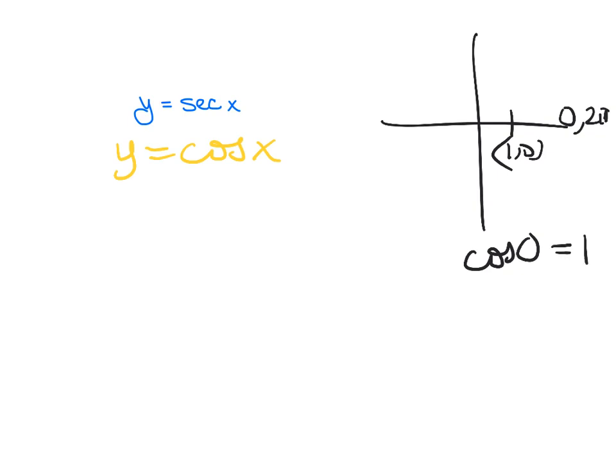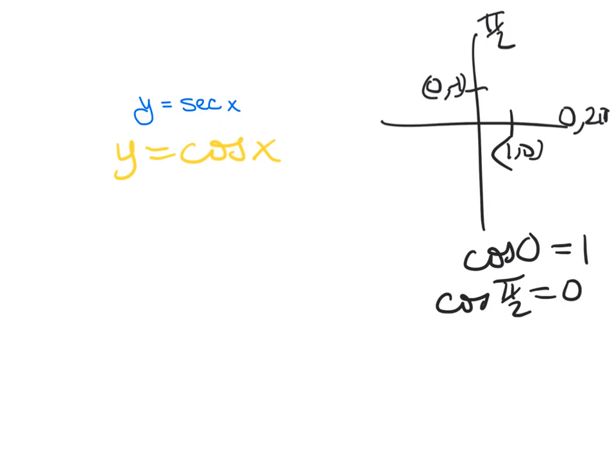And if you recall, cosine always starts at 1, and then from there goes down. If you did cosine of pi over 2, the answer is 0.